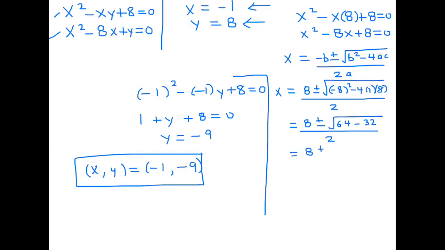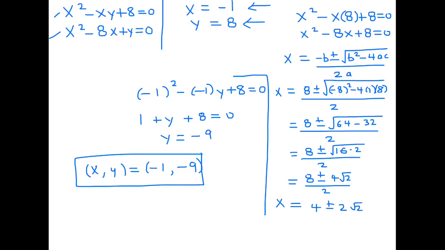So this is 8 plus or minus root 32, and I'll write it as 16 times 2, and that will allow us to simplify this a bit. This becomes 4 root 2 over 2, and therefore this is 4 plus or minus 2 root 2.